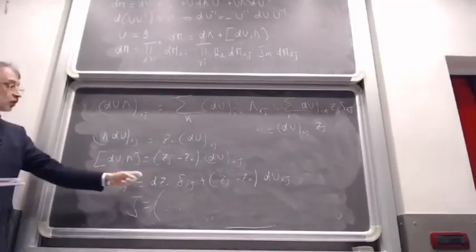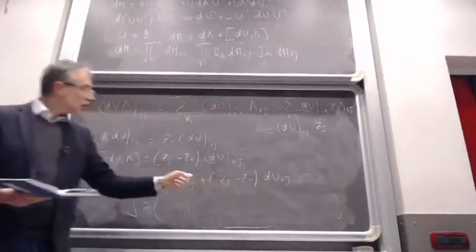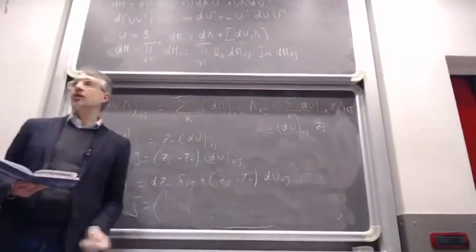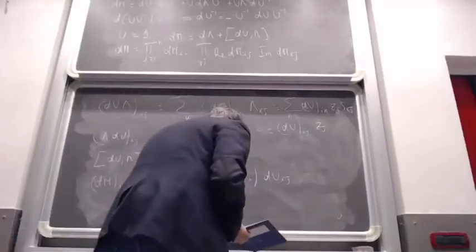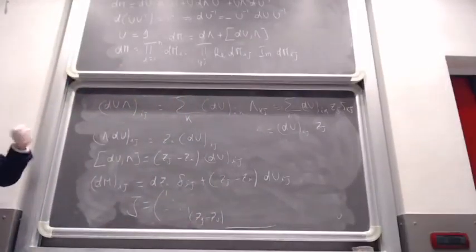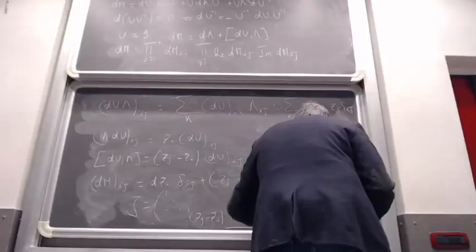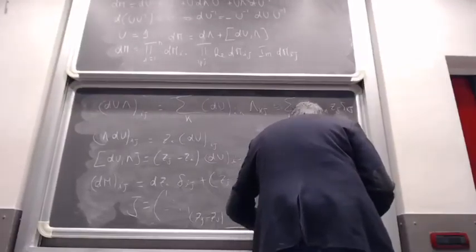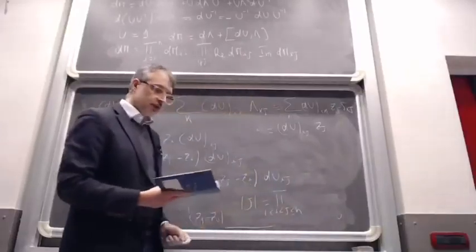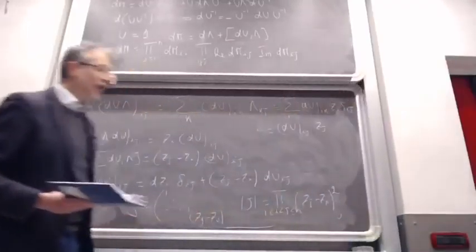It's a diagonal matrix which contains n ones, and then the U_ij contain differences, with entries z_j minus z_i and minus (z_j minus z_i). So the determinant of the Jacobian is nothing but the product over i and j running from 1 to n, strictly different from each other, of (z_j minus z_i) squared.